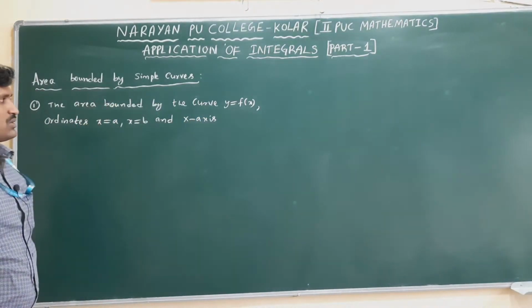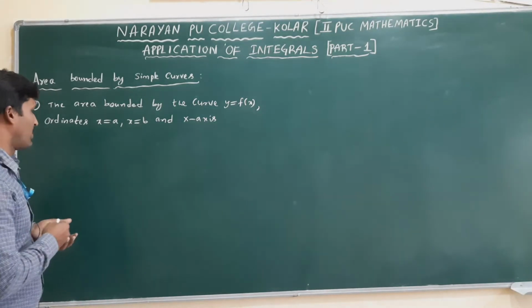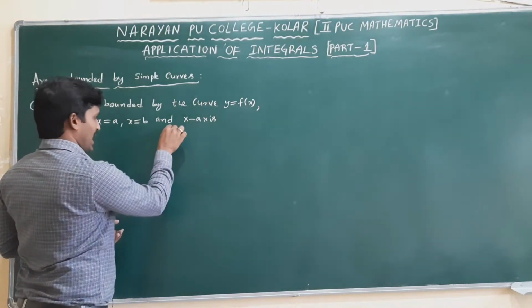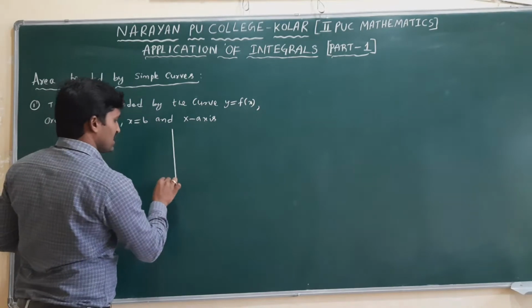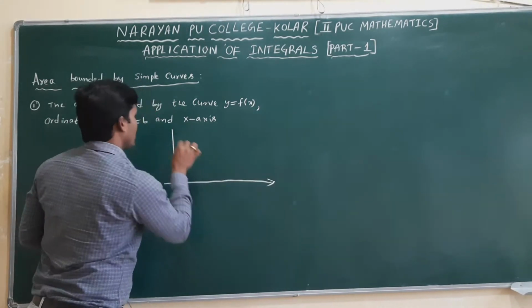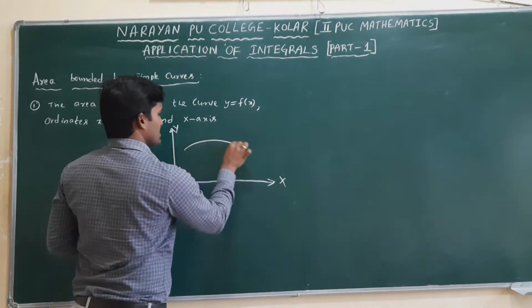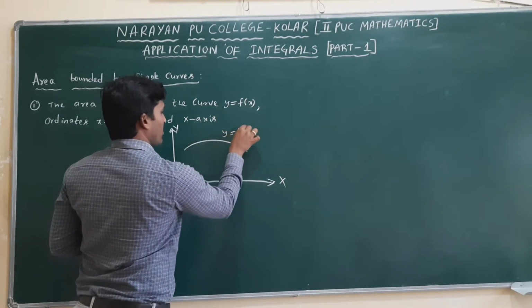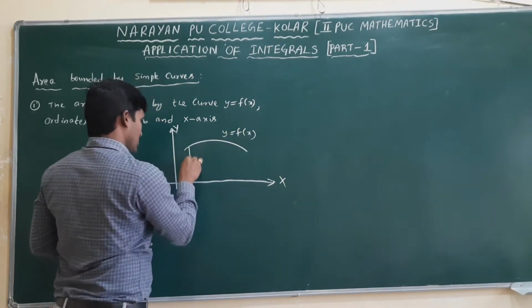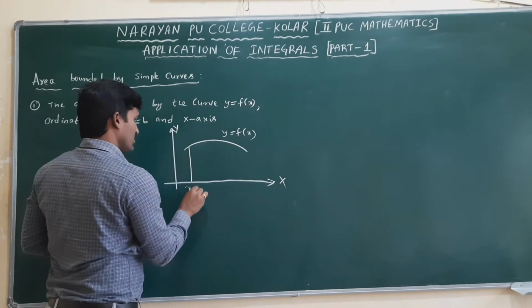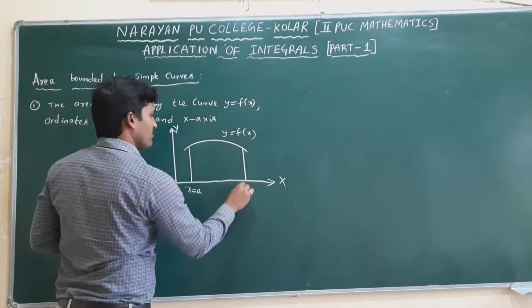Based on this, how to find the bounded area? If we take the diagrammatic representation, we can understand easily. Take the y axis and x axis. This is the curve y equal to f of x, and the limitations are from a to b.